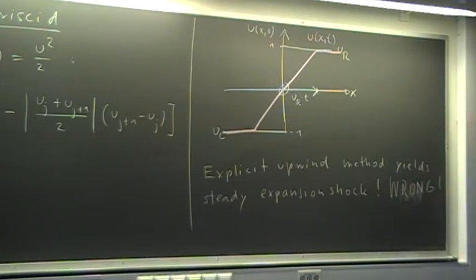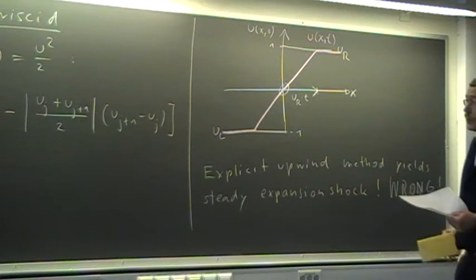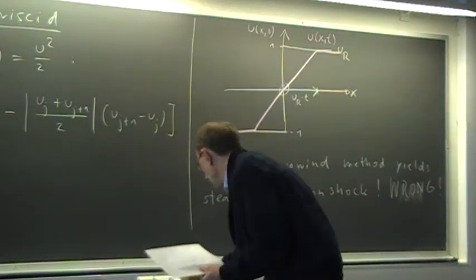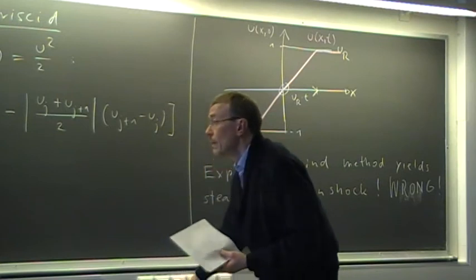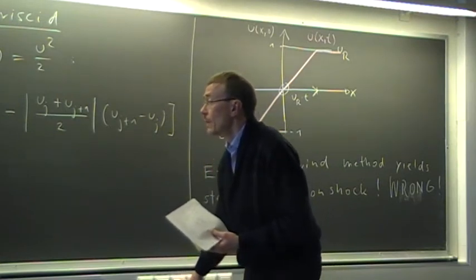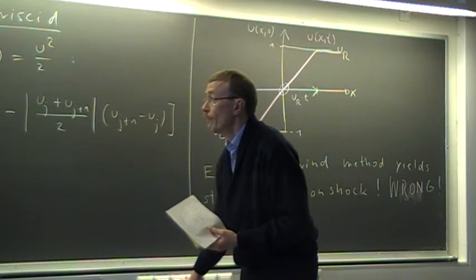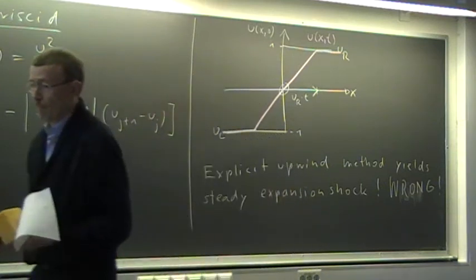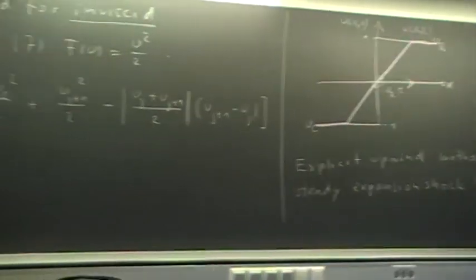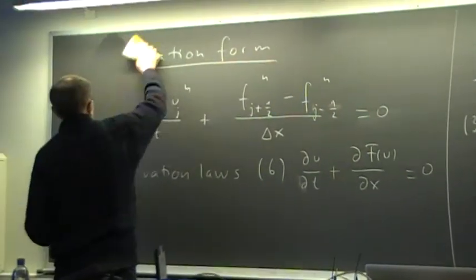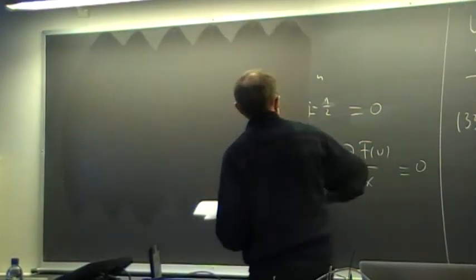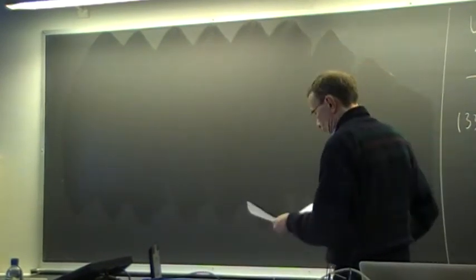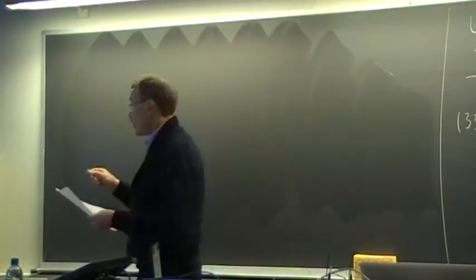That violates the entropy condition. It is not stable. So we have to do something. And the solution to that then is due to Harten. Let's see that. It has gotten the name Harten's entropy fix.